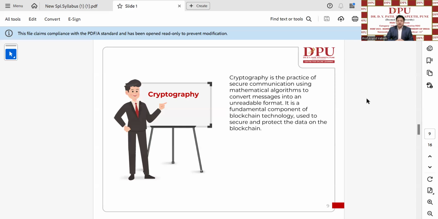There are various algorithms that could be used to convert the plain text into ciphertext. And it is a fundamental component of blockchain technology, which is used to secure and protect the data on the blockchain. So this is the first pillar, that is cryptography.